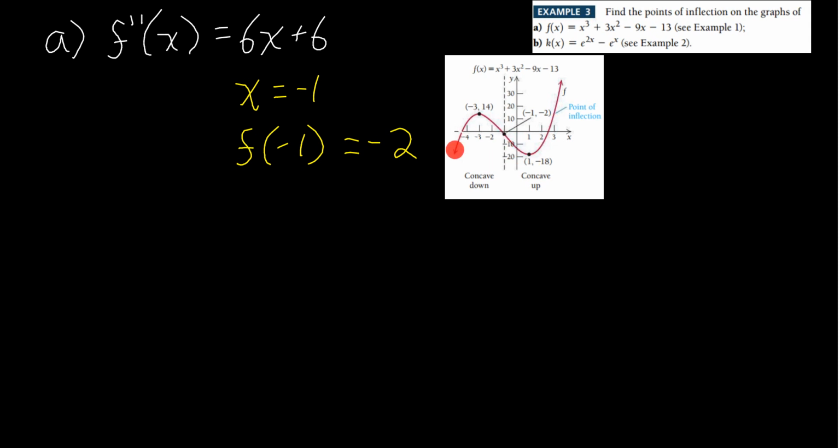Okay, so that is the difference between concave up and concave down. I think the textbook should have colored them differently, like that. So we can see that we're concave down from negative infinity to negative 1, and concave up from negative 1 to positive infinity.